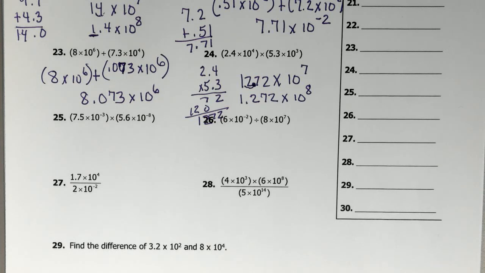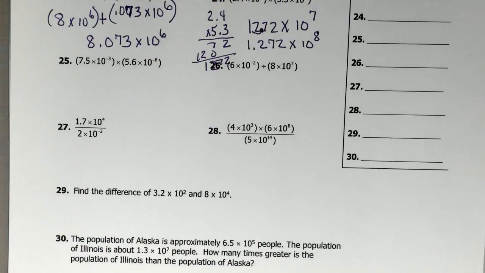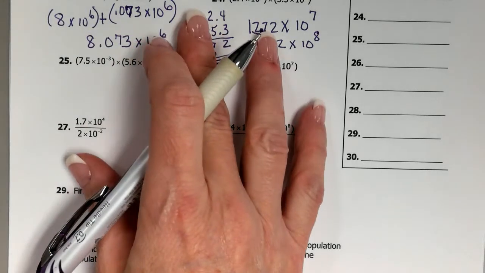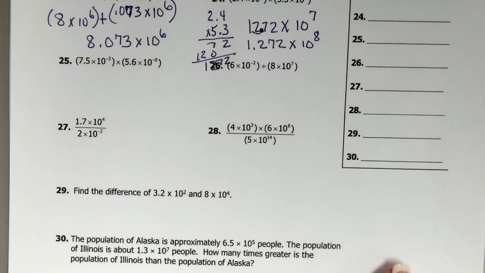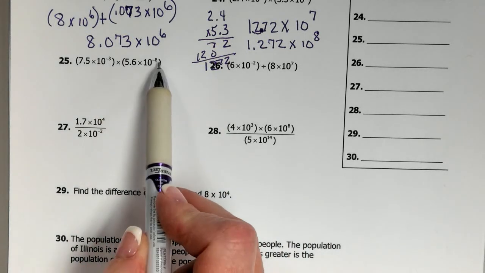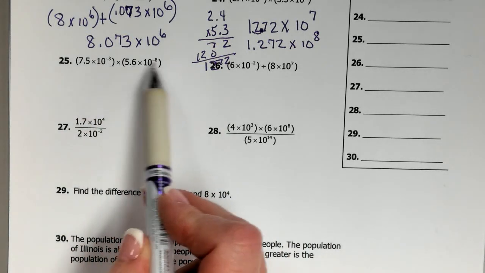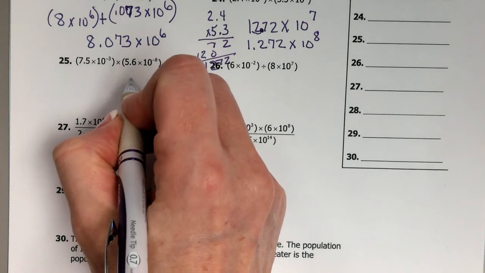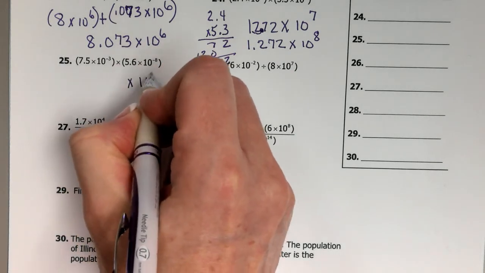Do 25. All right, we got it. Okay, so we're multiplying. So what do we do with the exponents? We add them. So you got -3 and -8. So what is -3 plus -8? -11.